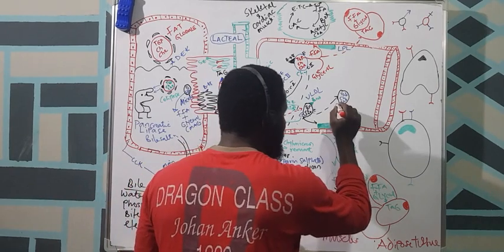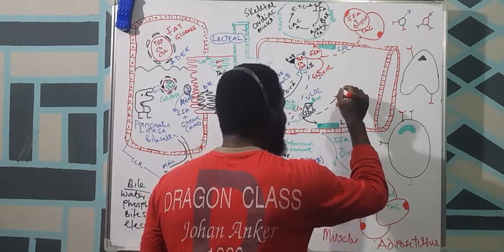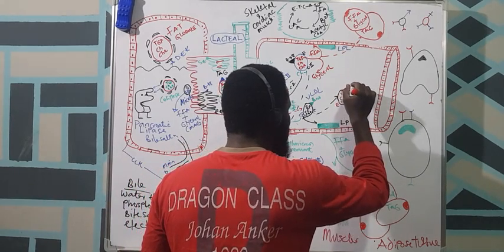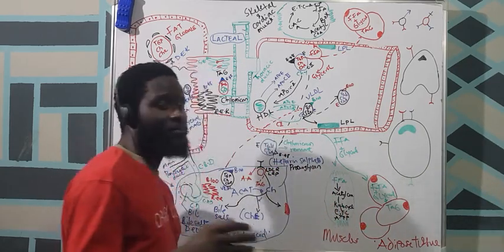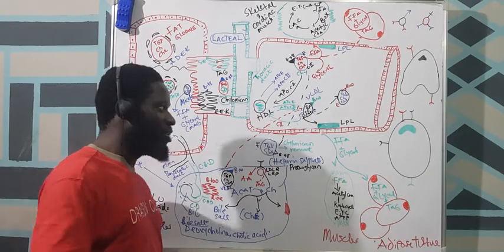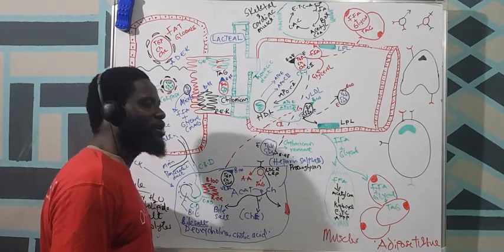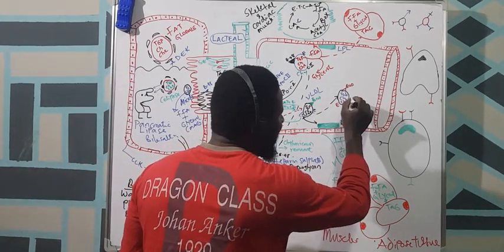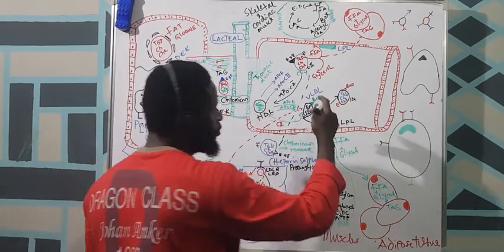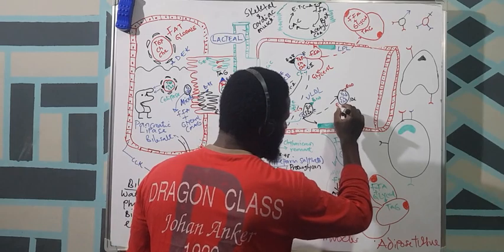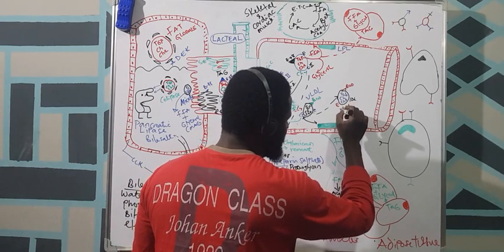I have ApoE and B100. This particular molecule is called VLDL remnants, but scientists prefer to call it IDL, intermediate density lipoprotein, or VLDL remnants.